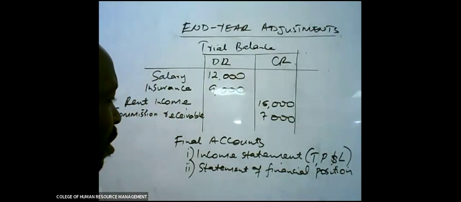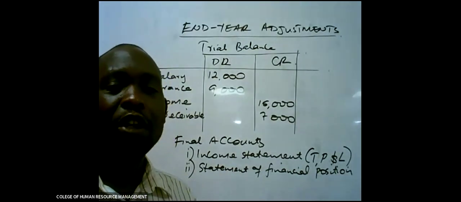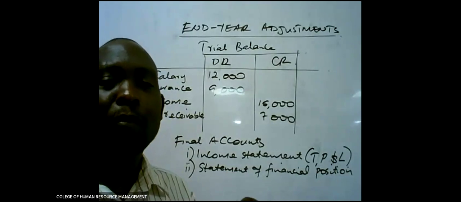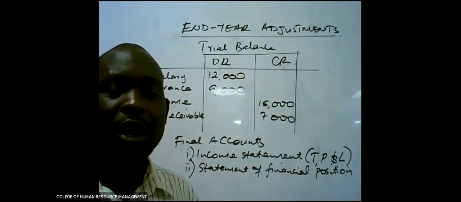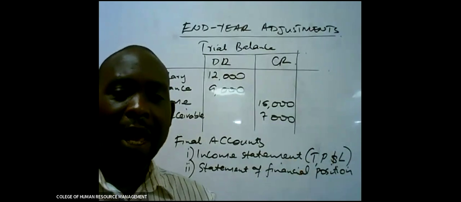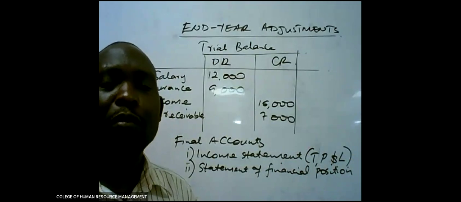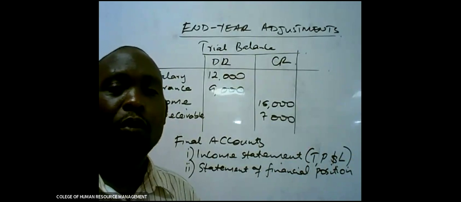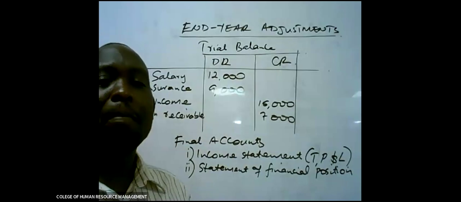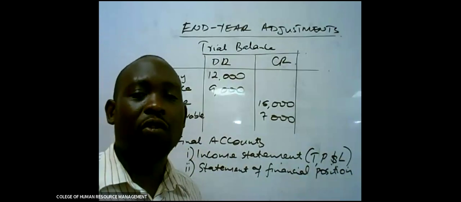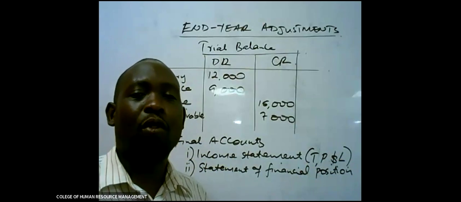The next statement is the statement of financial position, whose purpose is to measure our financial position. If we take all our assets and deduct all the liabilities, what will be our net worth? When you hear people talking about the net worth of a person, it is simply all the assets that he owns, minus all the liabilities. What remains is the net worth of that person.